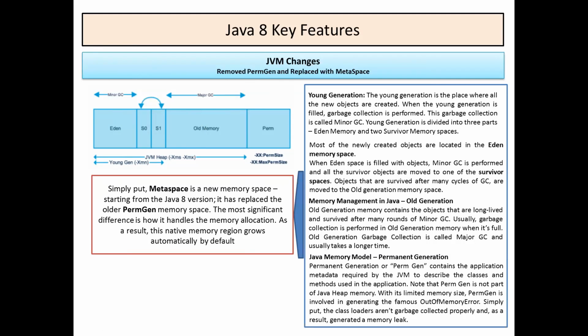If after multiple tries it still sees that the object inside the young gen is being used, the JVM moves it to something called old memory. If it is no longer used, it will clean it.